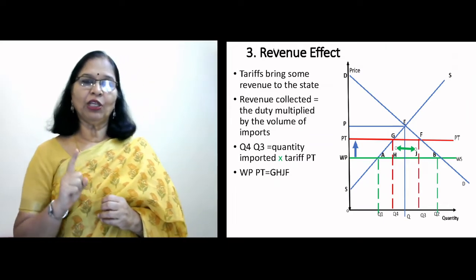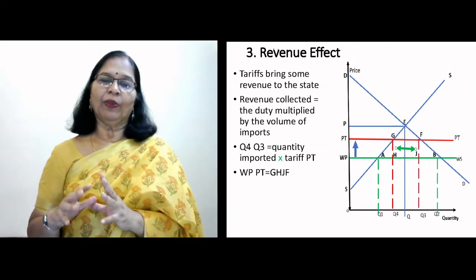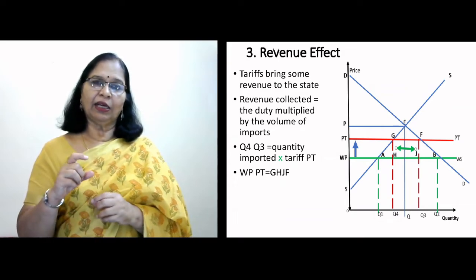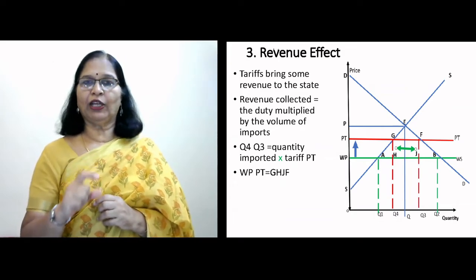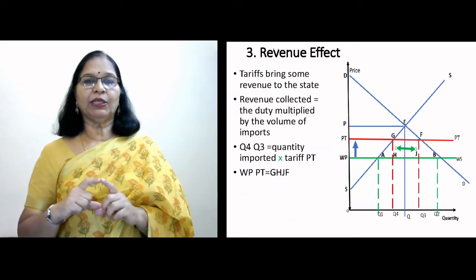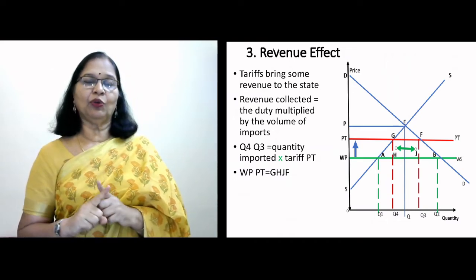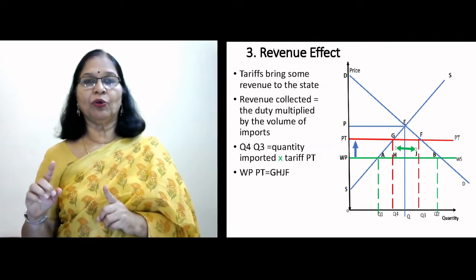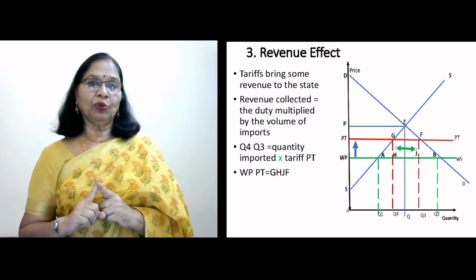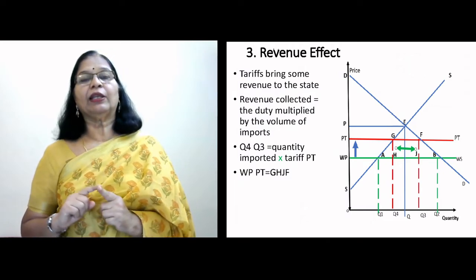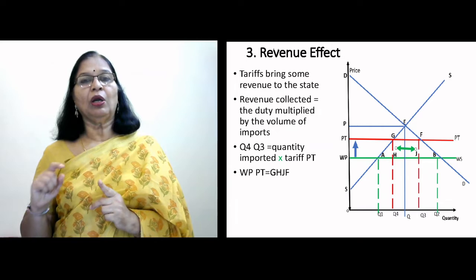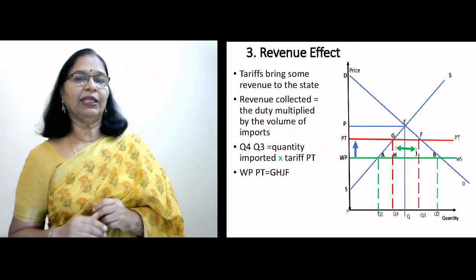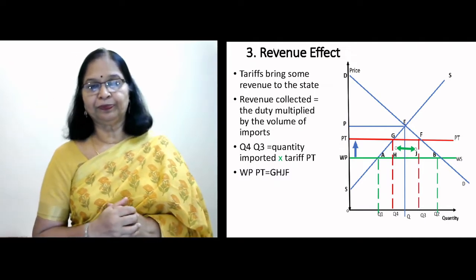That means on every unit of commodity, if there is a 100 rupees tax on it, then that is the tax on per unit of that commodity. Now that 100 rupees tax on every single unit is multiplied by the number of units. So if there is 100 rupees per unit that is taxed, then let us say that 5 units are imported. So 100 into 5 is the total revenue that the government will get. That is what is shown in the diagram.